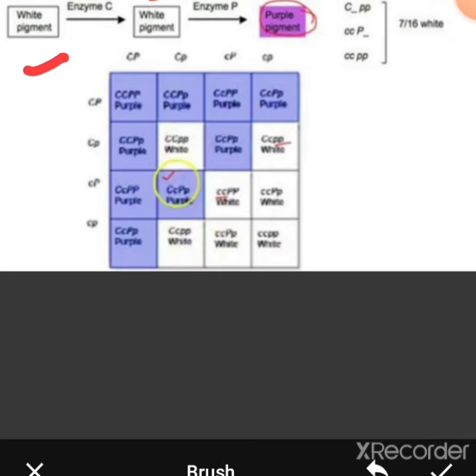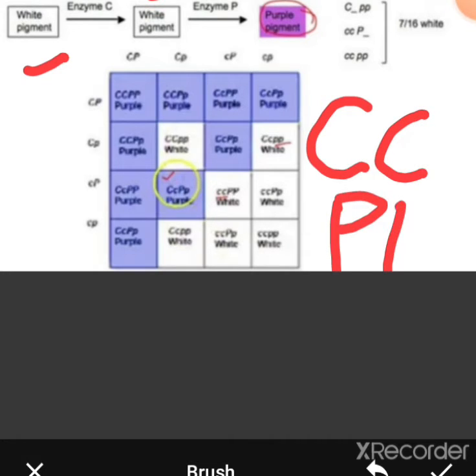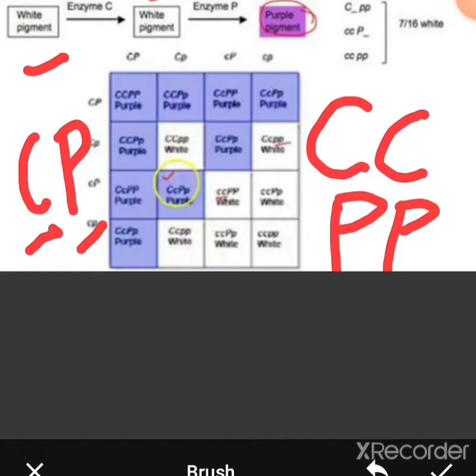Individual alleles, whether CC or PP, will not give rise to the purple pigment. It has to be in heterozygous form. That means C will be in the dominant form and P also in the dominant form, like this genotype.